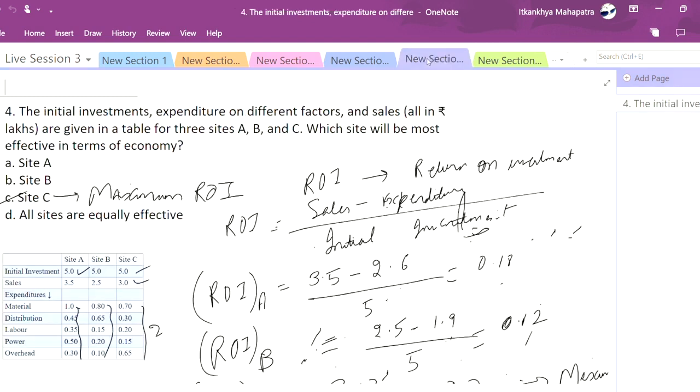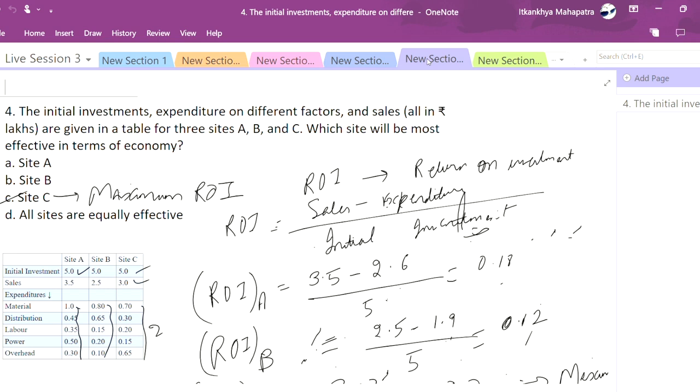Then we did a question on return on investment, and found out which site will be most economic. Return on investment is equal to sales minus expenditure divided by initial investment.